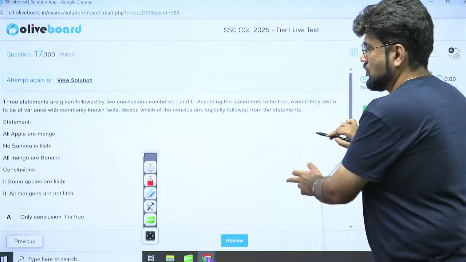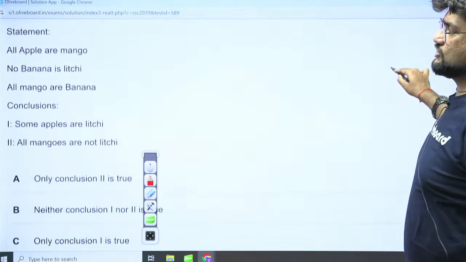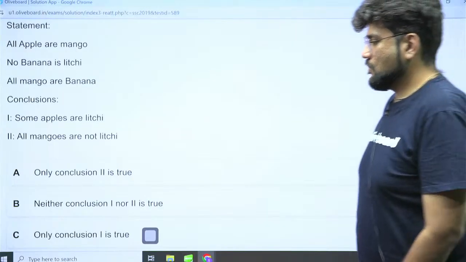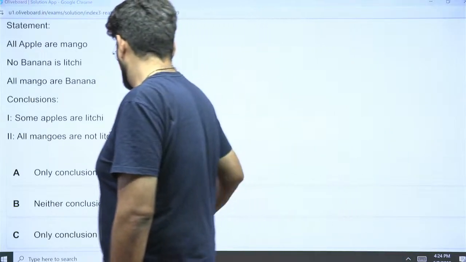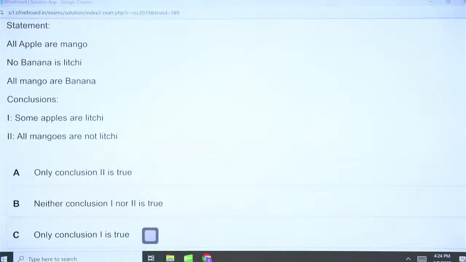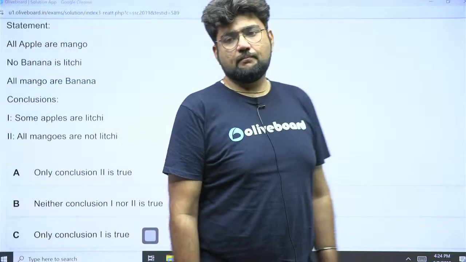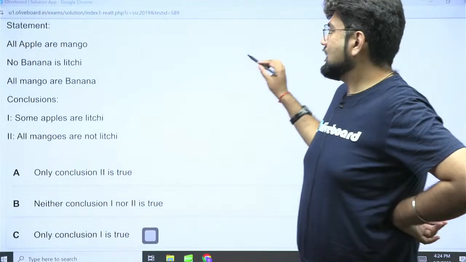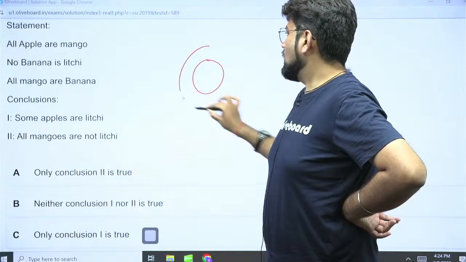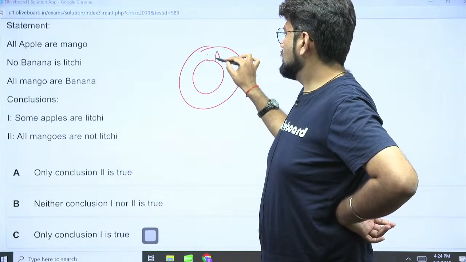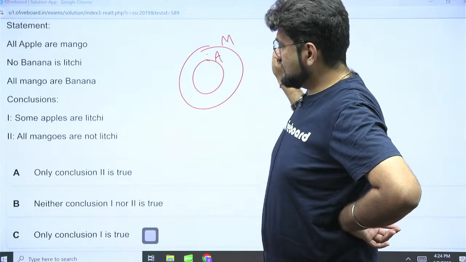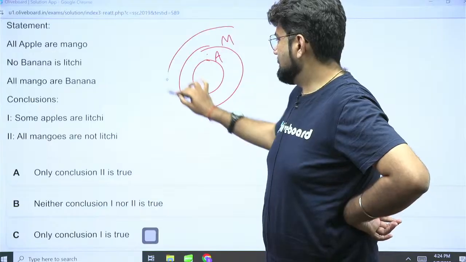Next. Oh, another syllogism based question. All apple are mango. No banana is lychee. All mango are banana.